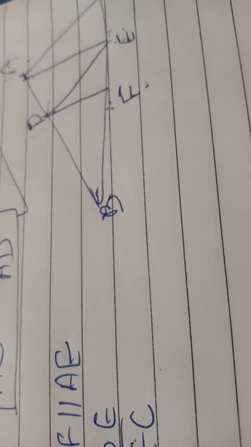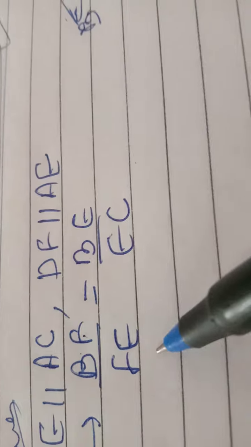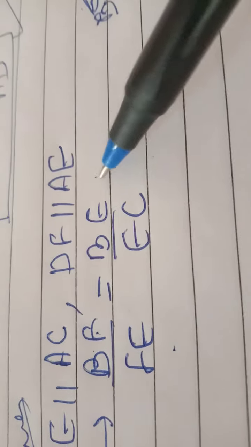Let's follow the condition of parallelism of the theorem, and using the same method we are going to solve this question also. Always we have to check from which triangle we will get the condition of BF upon FE and the condition of BE upon EC.